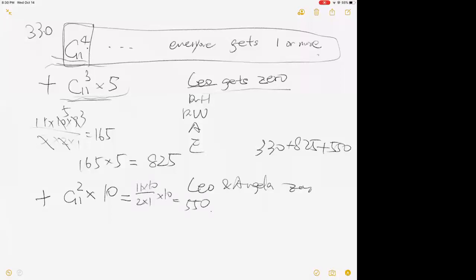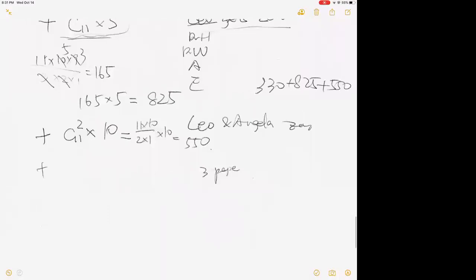Okay, what else? You also need to add 3 people. Okay, so let's say 3 people get 0. Then you get 11 choose 1, which is just 11.